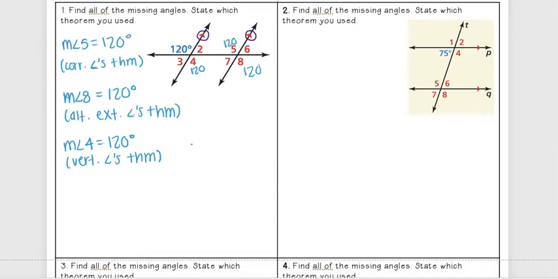So now that's really all that are going to be 120. And you can see all of these are opened up wide like this, but don't always just rely on the picture.